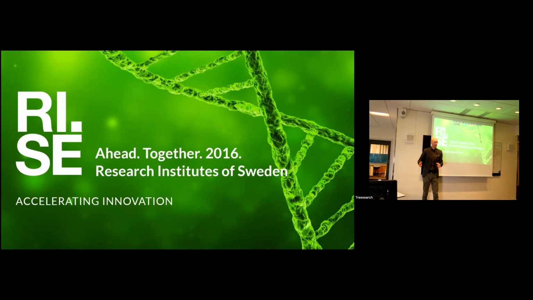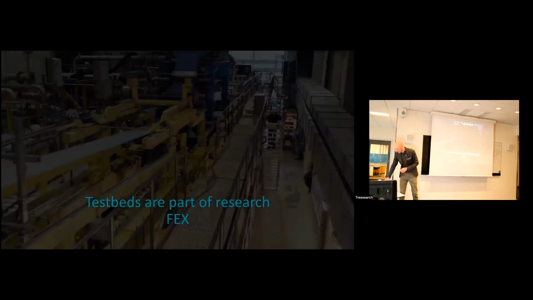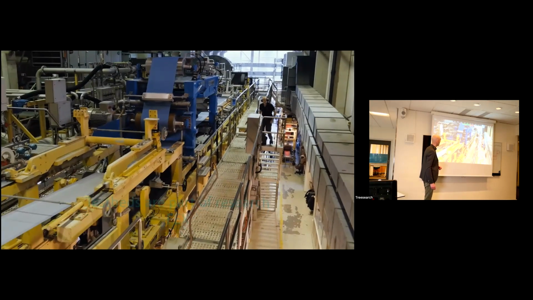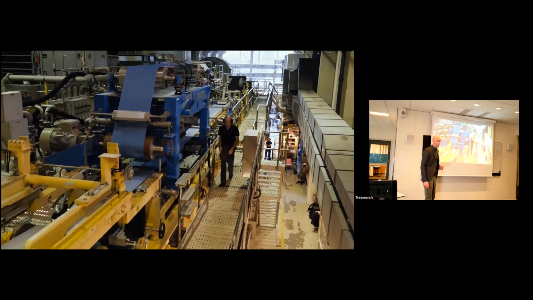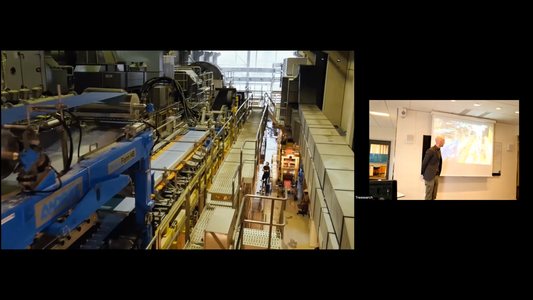Well, we have a lot of test beds, and this is one that I started working with, maybe one of the bigger ones. This is a paper machine that we have here on KTH campus, just a few hundred meters that way, where you can run paper trials.